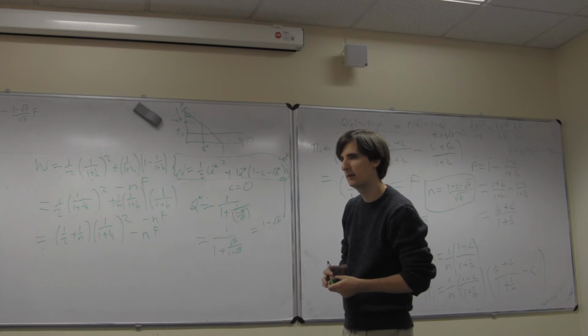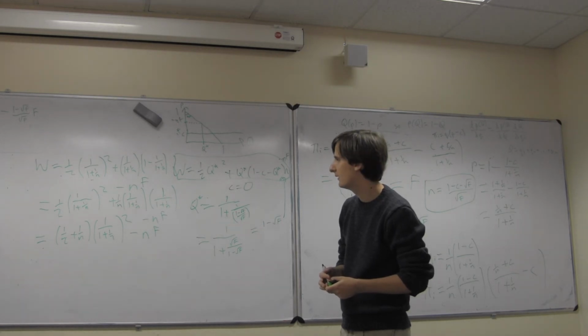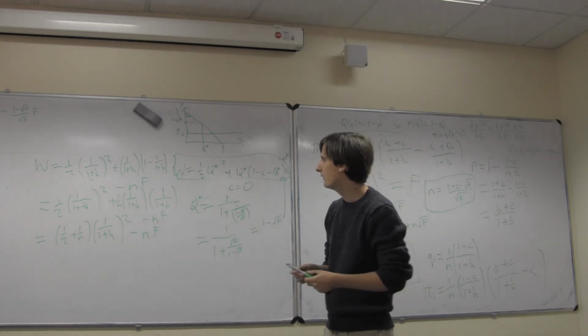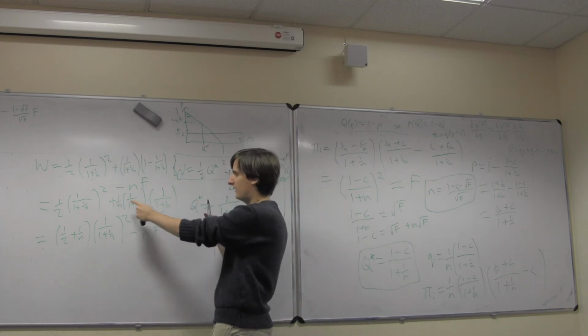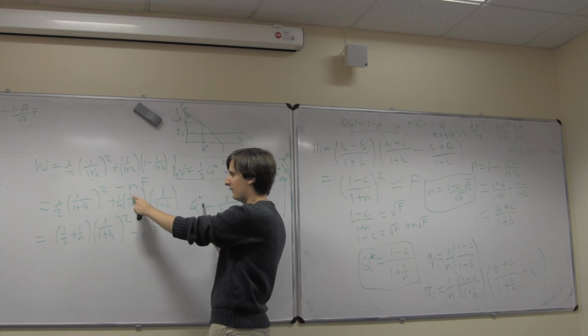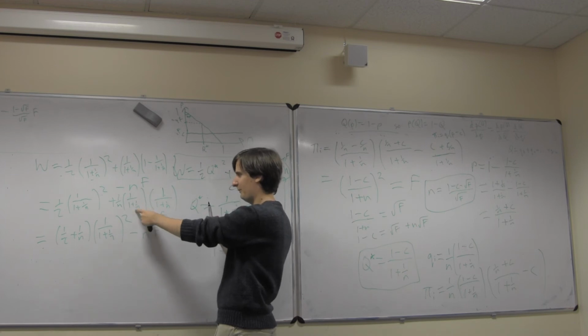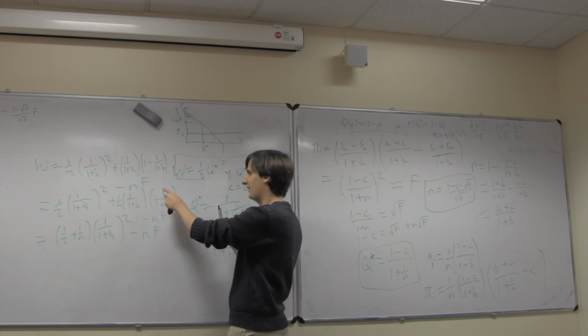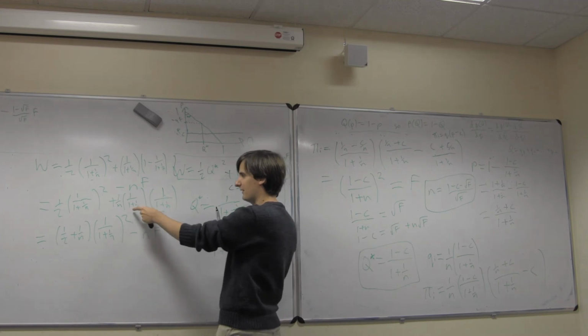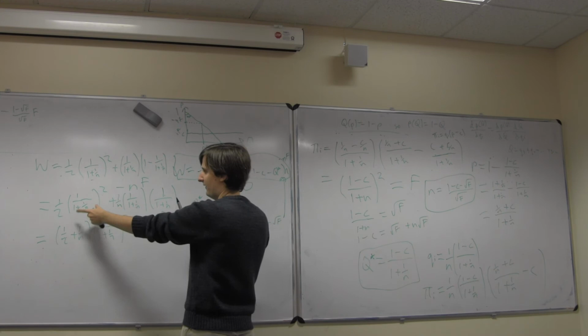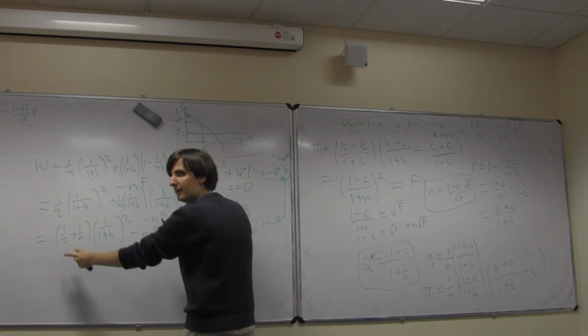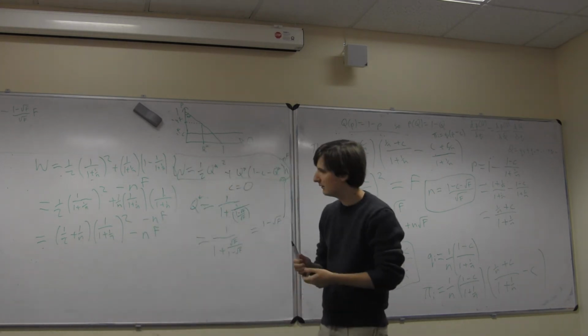Something gone wrong? I'm just confused. Where have you taken the 1 over n from? So there was one here. Yep, we took it out there. So this is 1 over 1 plus 1 over n times 1 over 1 plus 1 over n, so that's just squared. So this thing here is the same as that. Cool.